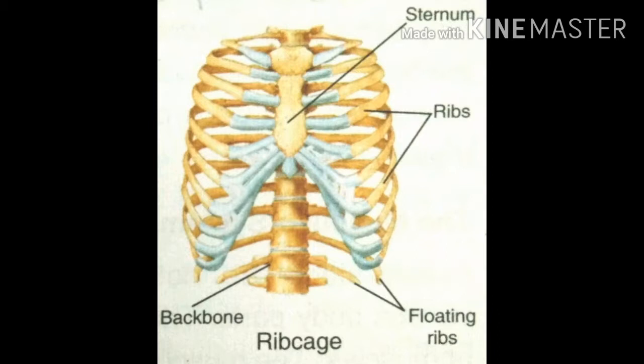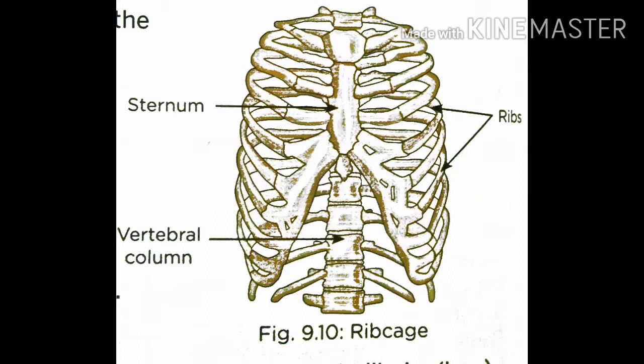These are called ribs. Because it has a cage-like structure, that's why we call it a rib cage.